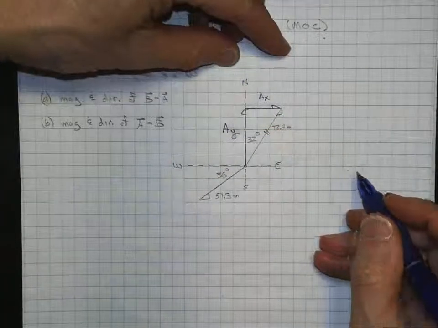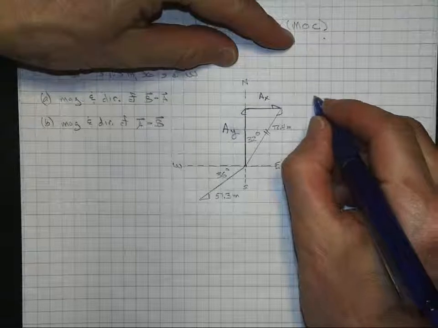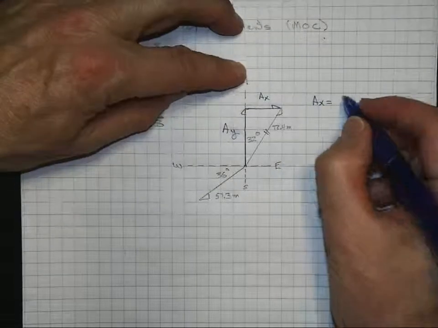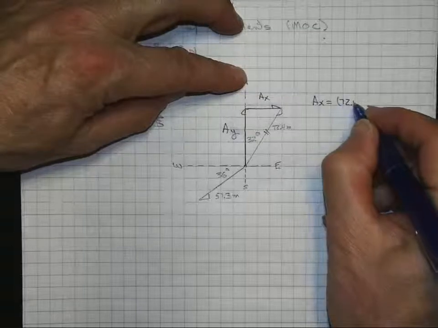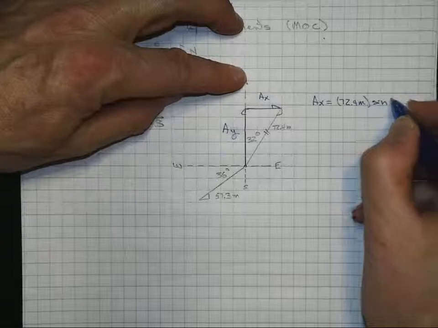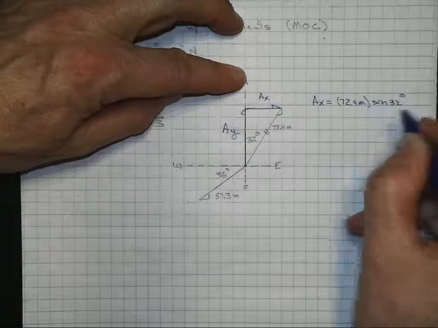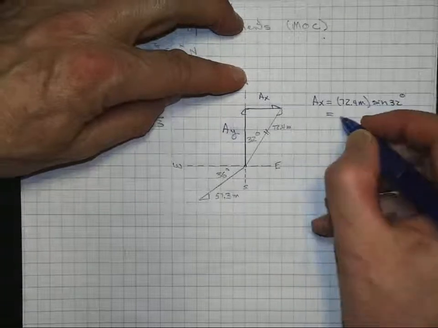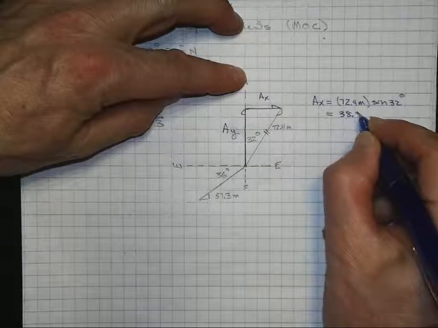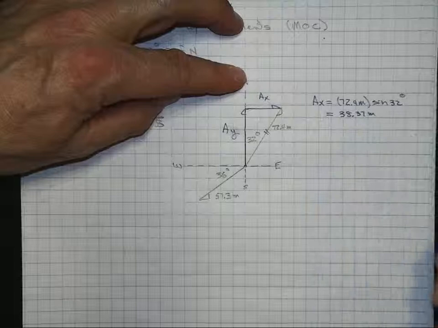Now to do the math, AX will equal A sine theta, so that'll be 72.4 meters times the sine of 32 degrees, and on a calculator you could confirm that this comes out to 38.37 meters.